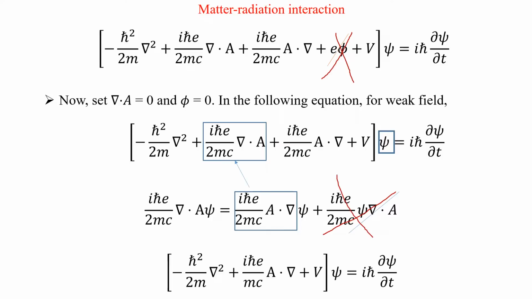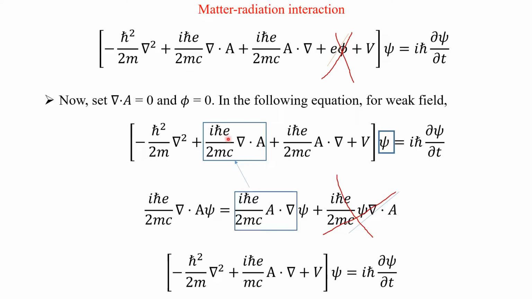Only the first term is retained, that is iħ e/2mc A·∇ψ. There is one more term here, which is exactly the same as this one, iħ e/2mc A·∇ψ. If you add these two, you will get iħ e/mc A·∇ψ. You may ask why you cannot take ψ out here. If you take ψ out, this is a single term only.